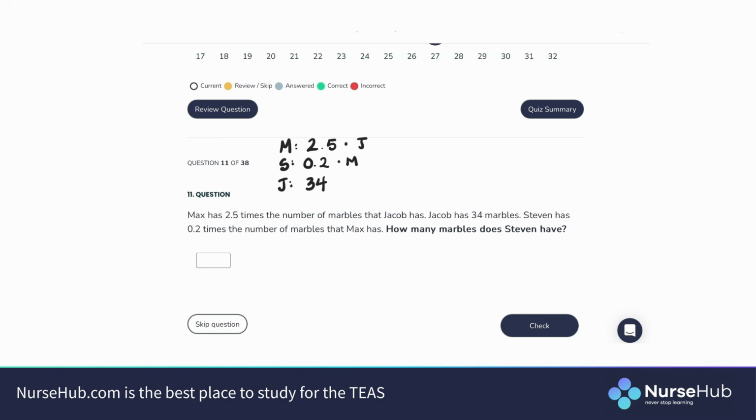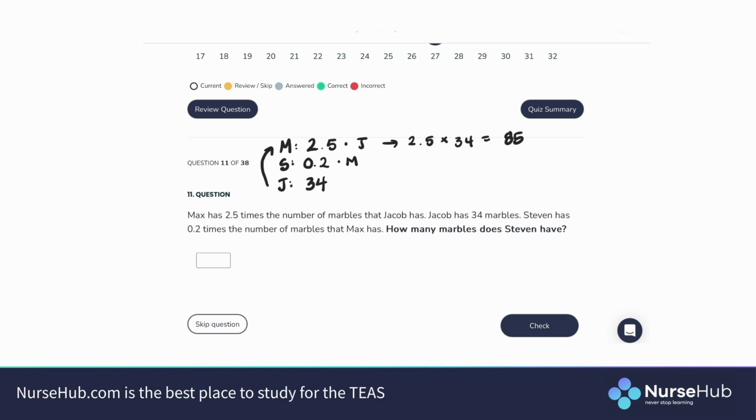So when you look at these, we already have Jacob's number. Jacob's number can be used to figure out Max's number. So Max's number is 2.5, then times 34. When we do 2.5 times 34, we get 85.